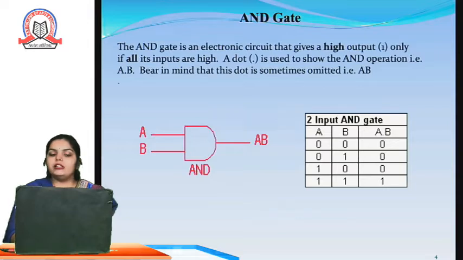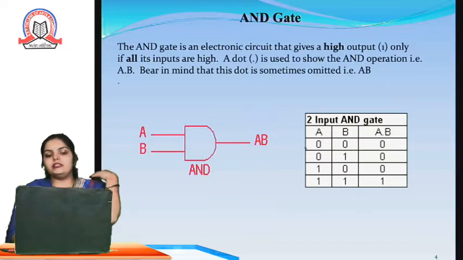We'll take combinations of zeros and ones, because logic gates work on the binary number system only. So we'll take 0 0 1 1 for A and 0 1 0 1 for B.